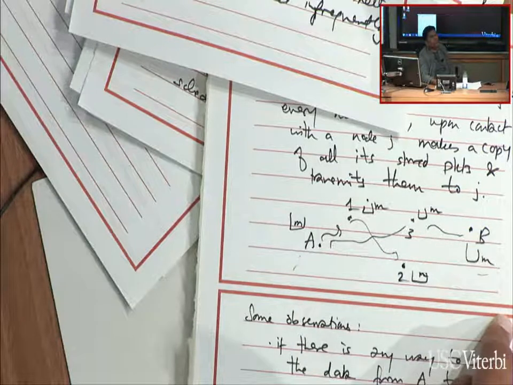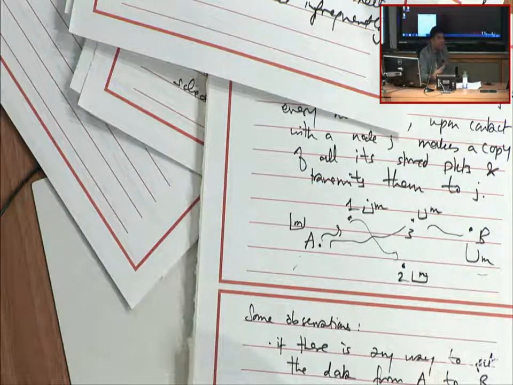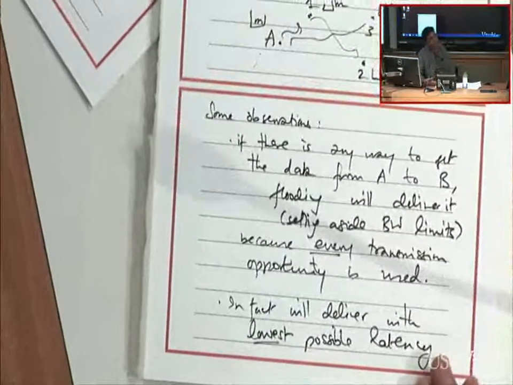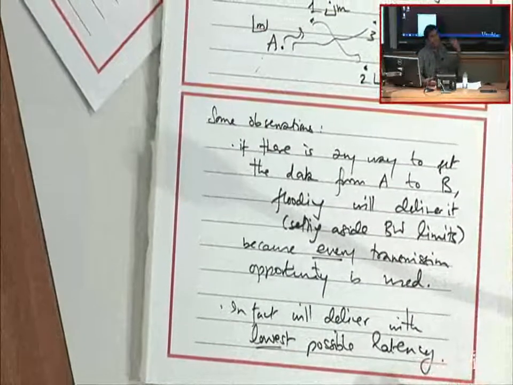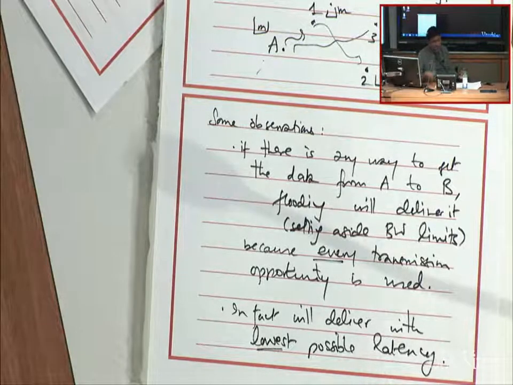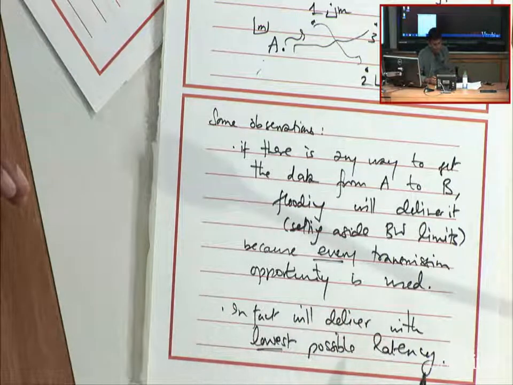If that was the shortest path in their mobility, which you didn't even know in advance, it will deliver along that path. It's because it delivers along every possible path in some sense. And if there's an earlier path that could be taken, it would have taken that path.